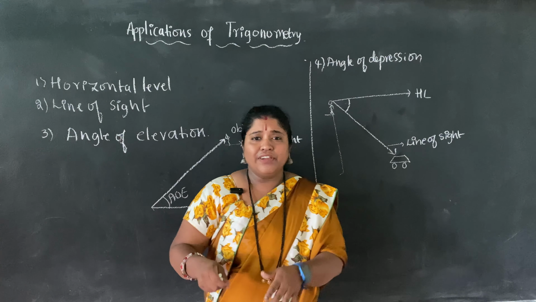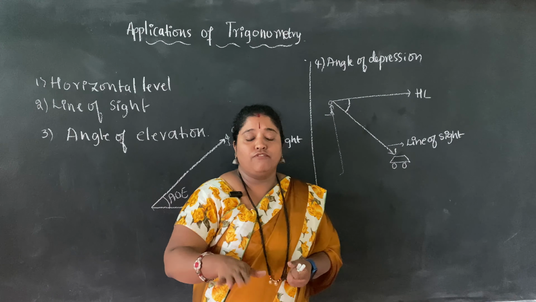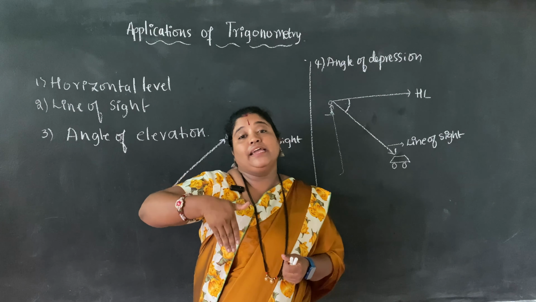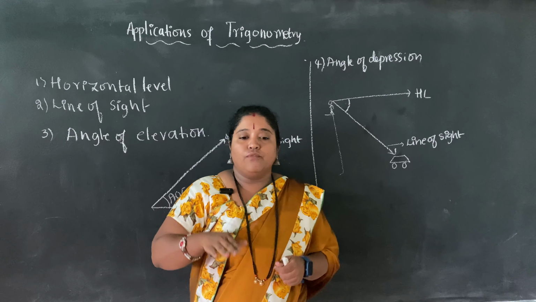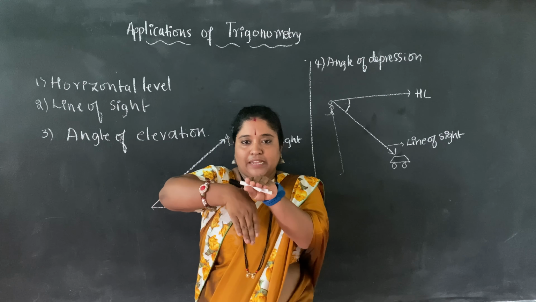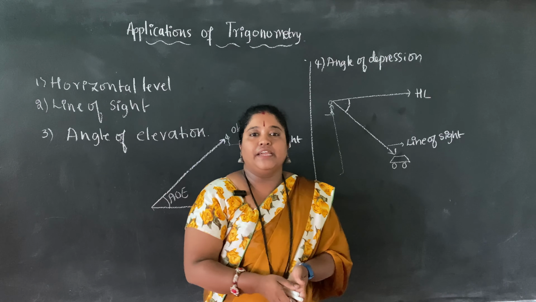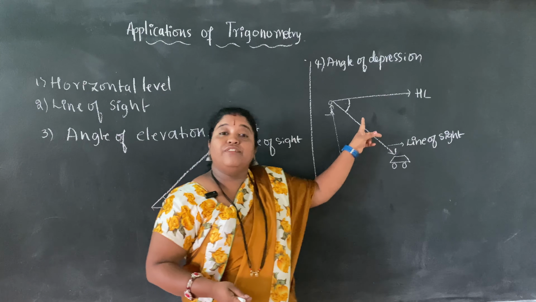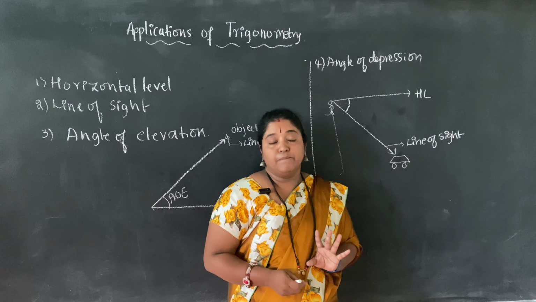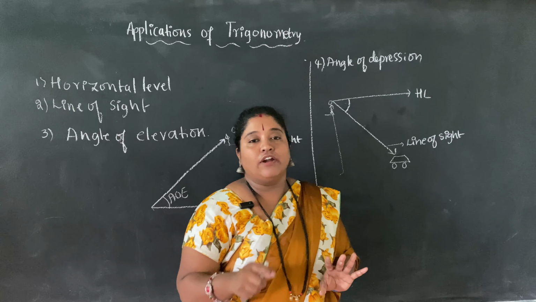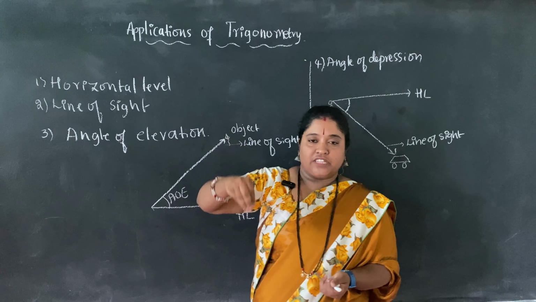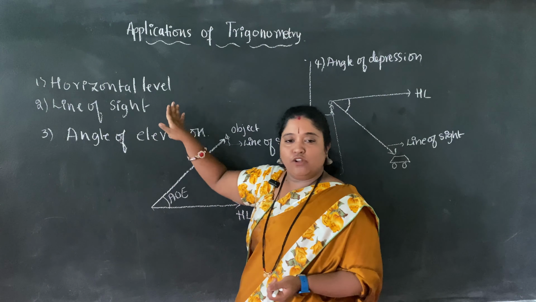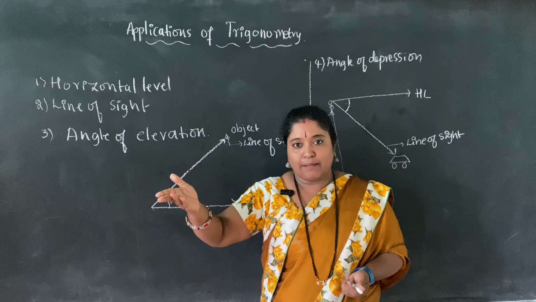Understanding? See, whenever I want to see anything which is on the floor, I have to lower my line of sight below the horizontal level. So if this is my horizontal level, I am decreasing it. The angle between the line of sight and the horizontal level is what we call angle of depression. See, the horizontal line is with respect to my height dear, and the line of sight is the line drawn from my eye to the object I am seeing.